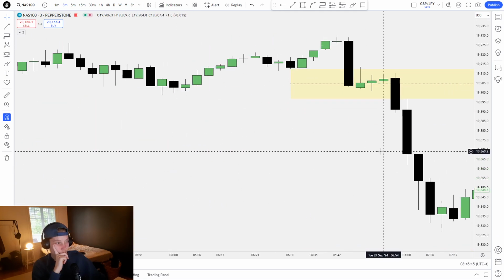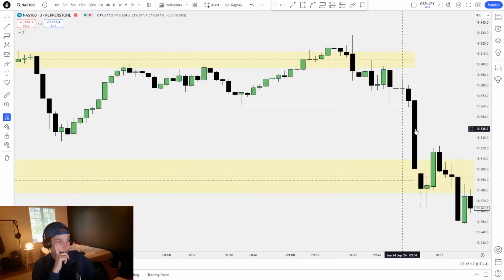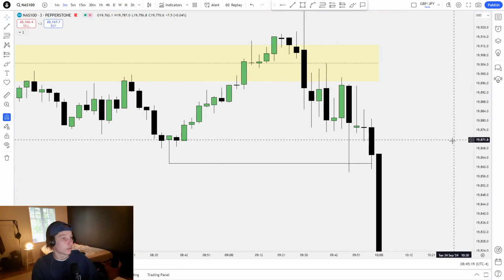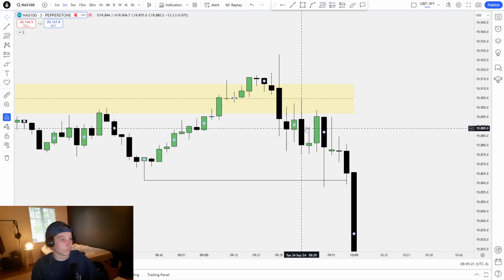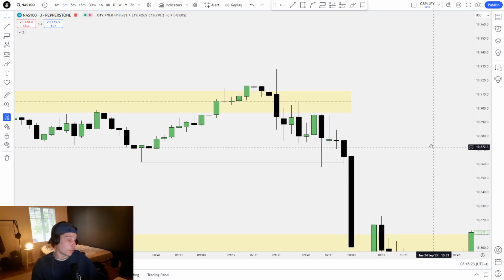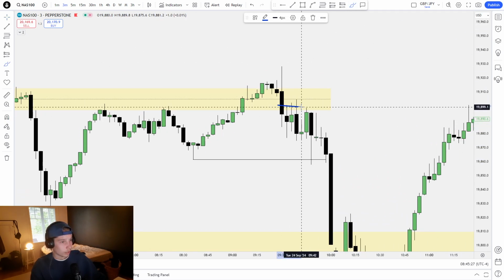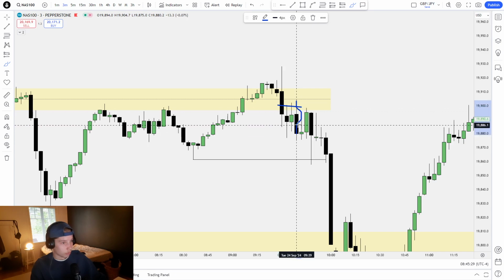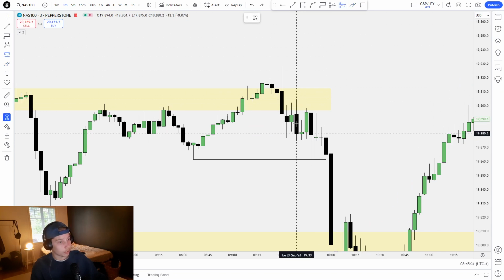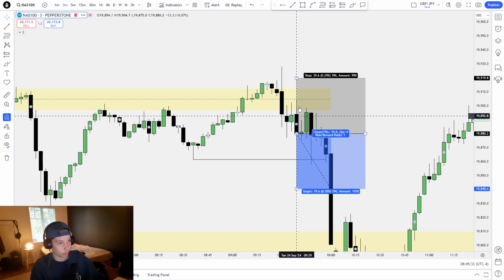Okay, the risk to reward would be a little bit worse here, but you wait to see a bearish engulfing candle from this fair value gap, which would have been here, and you could have executed even from there.